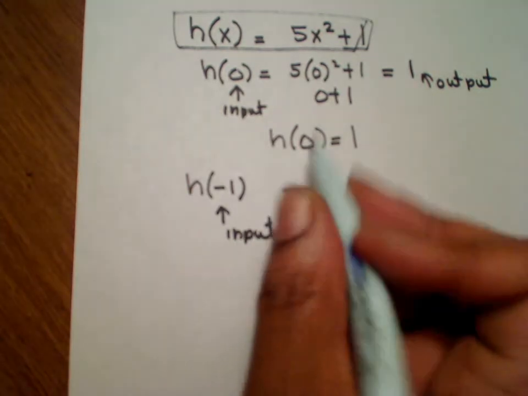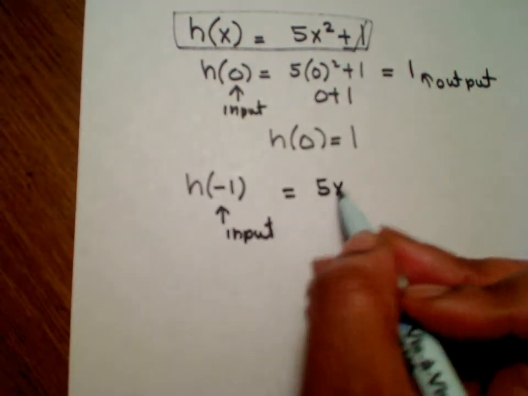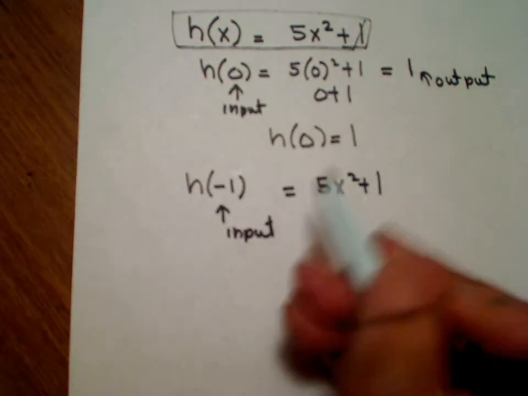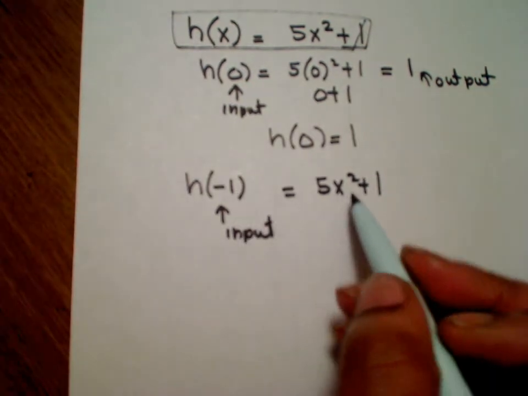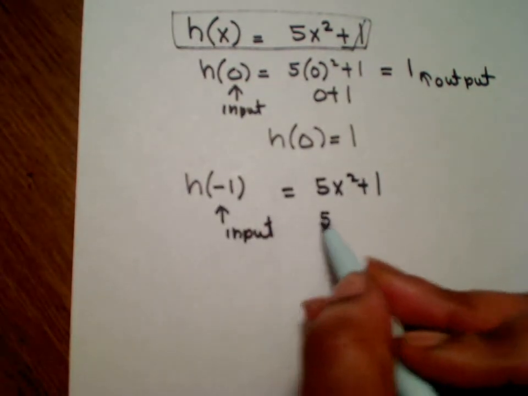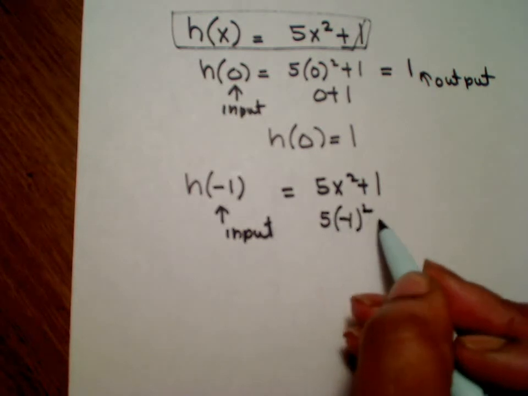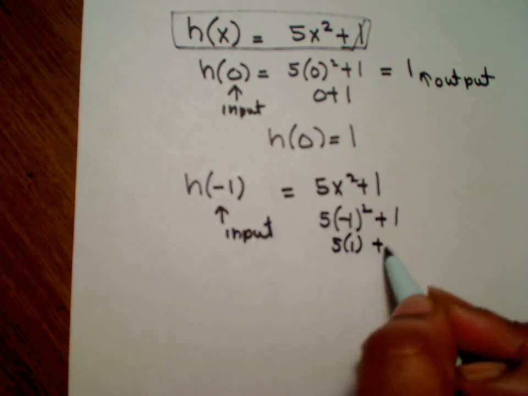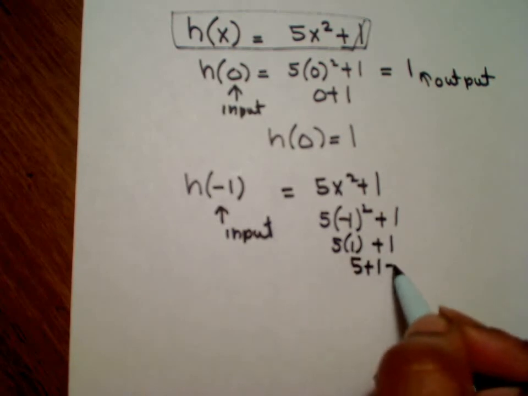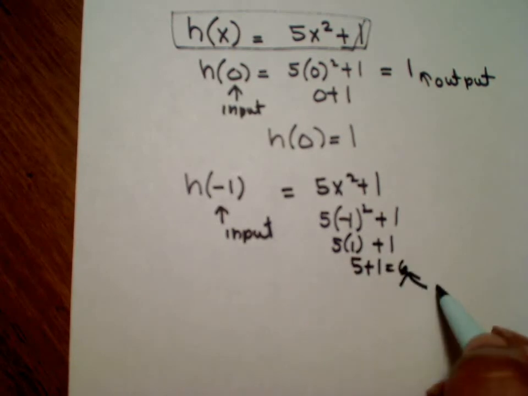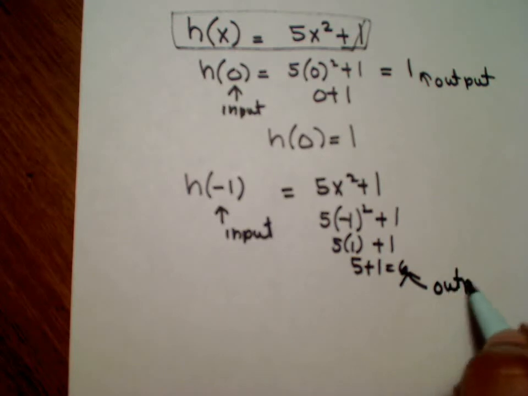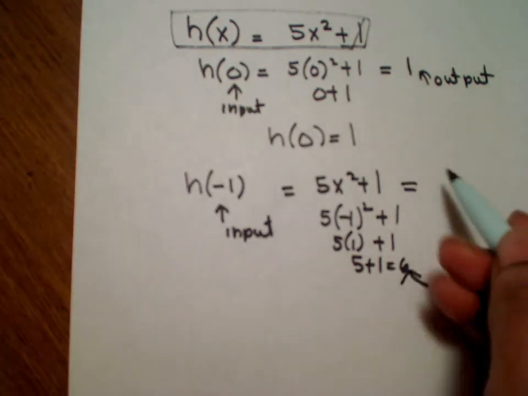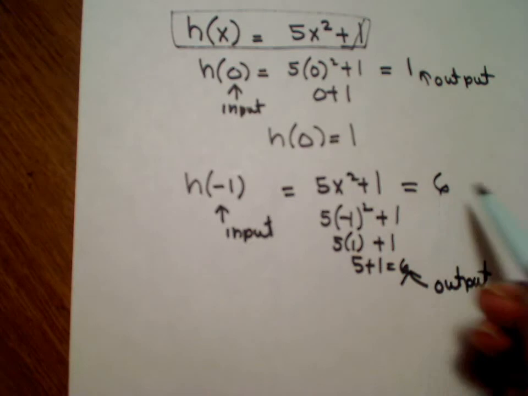I'm going to use this generic equation that I have here, and this time in place of the x, I'm going to put a negative 1. So 5 times a negative 1 squared plus 1, which means 5 times 1 plus 1. 5 plus 1 gives me 6. Notice that's my output. So therefore, my output is going to be 6.